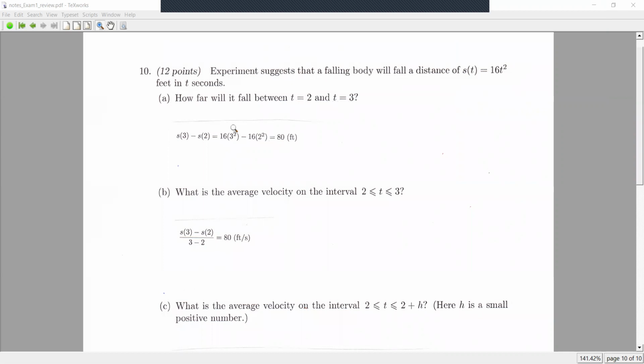The answer is the position of the falling body at 3 minus the position of the falling body at 2. Position at 3 is this number. Position at 2 is this number. The difference is 80 feet.